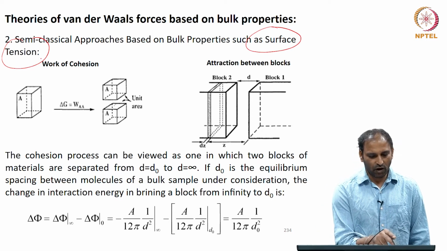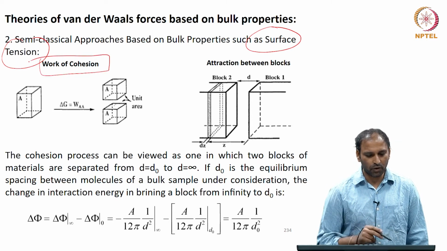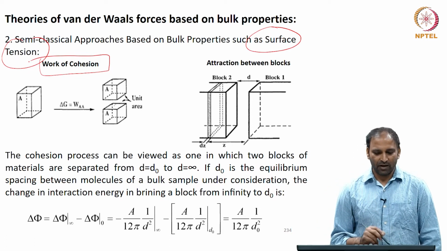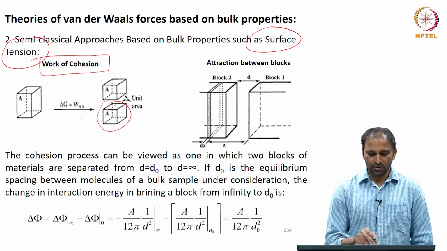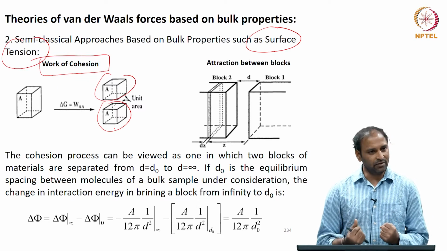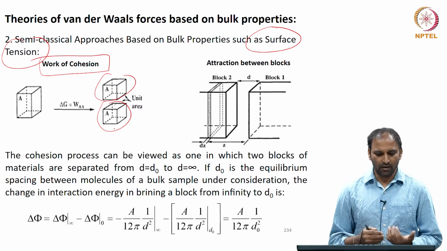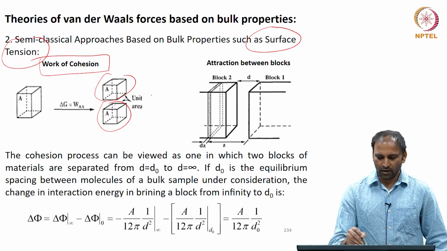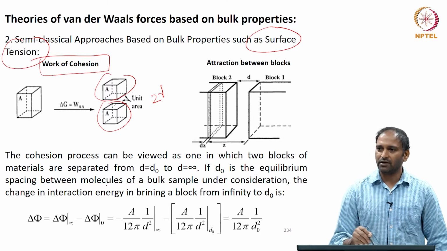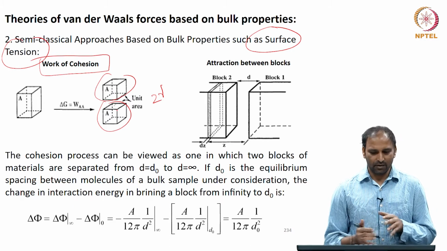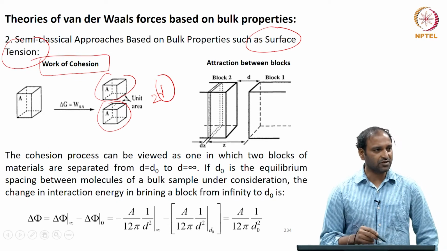So, all of us know about the work of cohesion, right. That means if I have 2 blocks and I just bring them together, people typically talk about the work of adhesion or cohesion as 2 times gamma, because you have 2 surfaces you are joining, and this gamma is the surface tension.